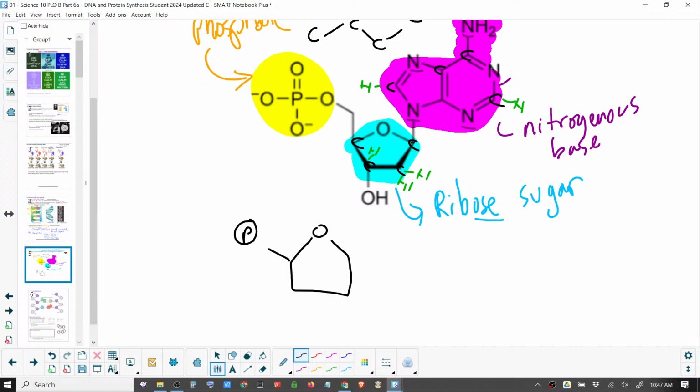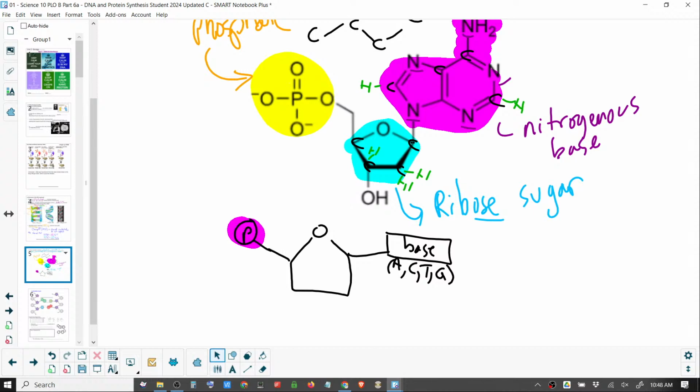Phosphorus. And then you just draw in the nitrogenous base, you label it, and what you label it with is either A, C, T, or G, whichever type it is. And that's all we're really going to expect you to do. They are the same structures. This is just an even simpler way of representing it. So you will see that.